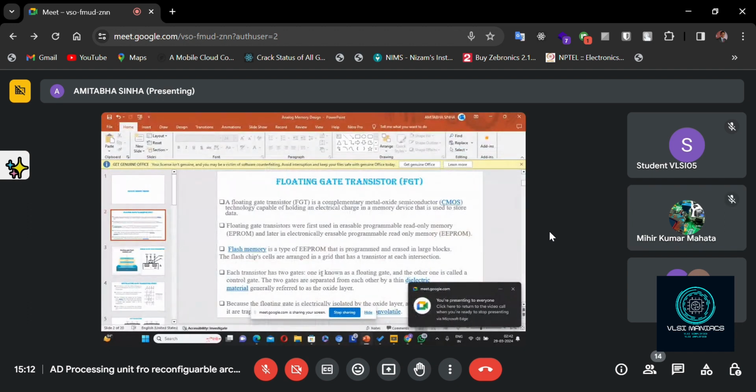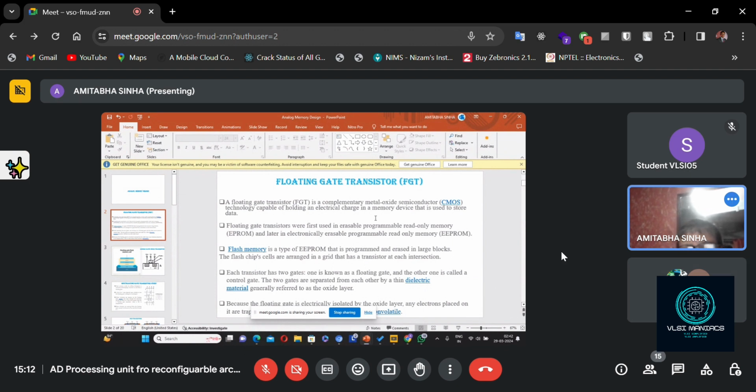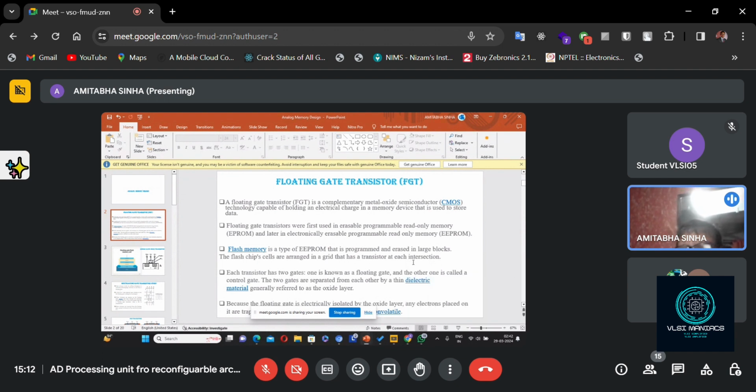A floating gate transistor is a complementary metal oxide semiconductor technology capable of holding electrical charges in a memory device that is used to store data. Floating gate transistors were first used in erasable programmable read-only memory, EPROM, and then EEPROM.